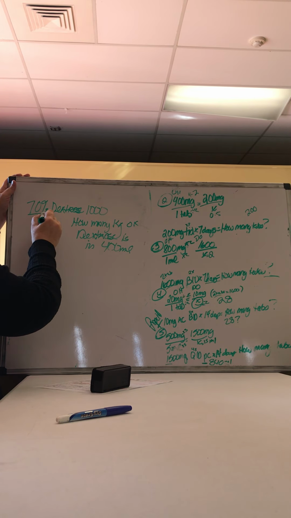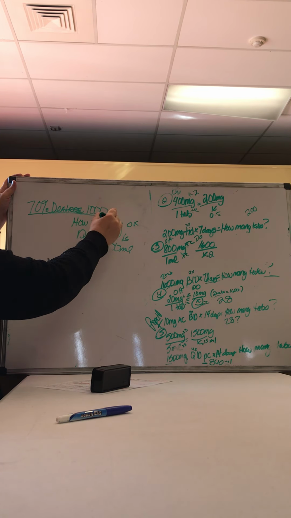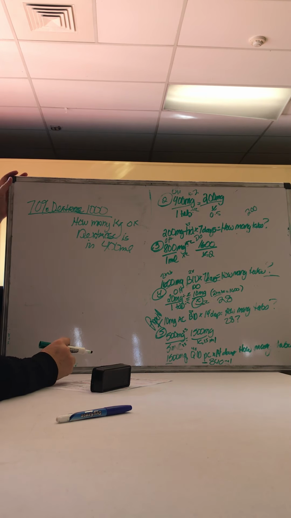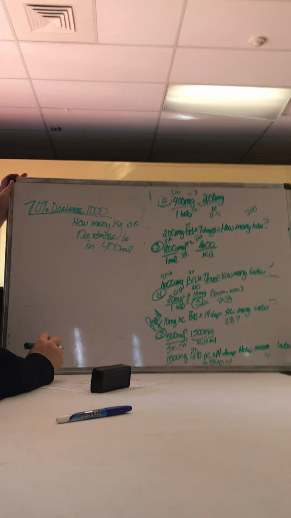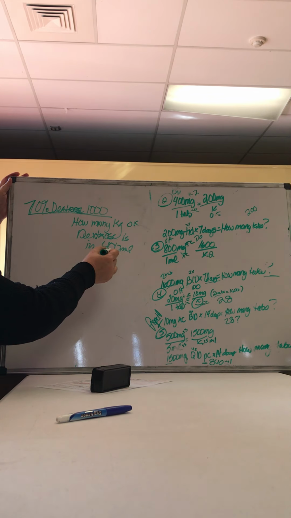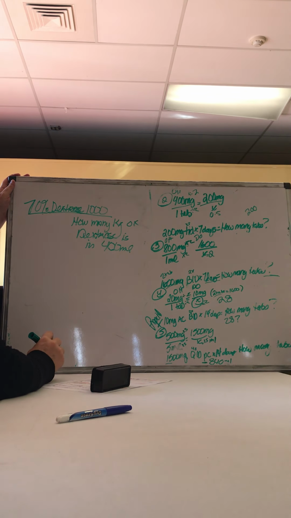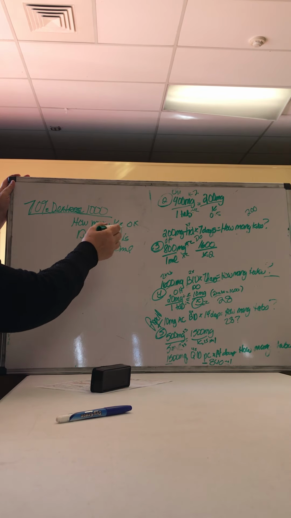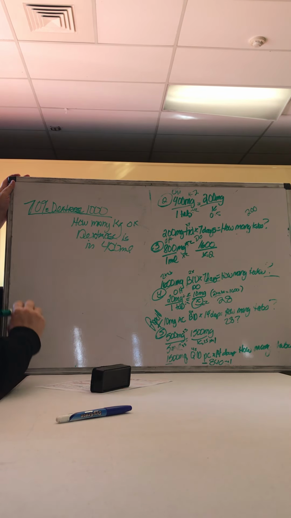So all we really need to know is there is 70% in dextrose 1000. Once you figure that out, you can just go straight to your 70% in 400. All they want to know is how many kilograms of dextrose is in 400 milliliters.